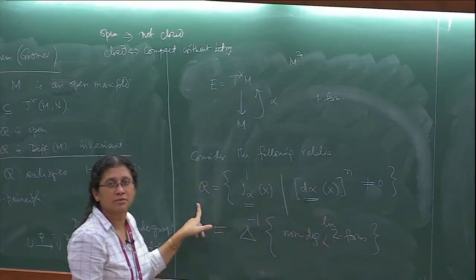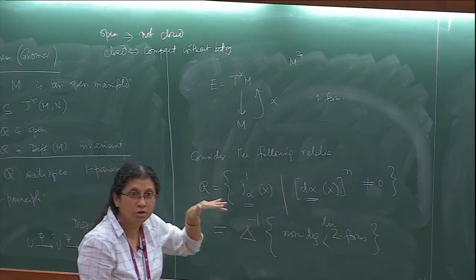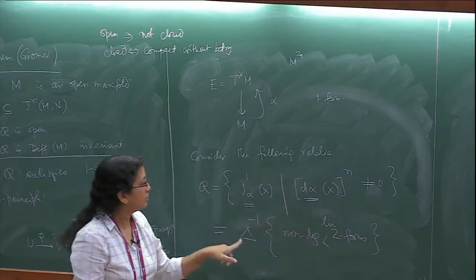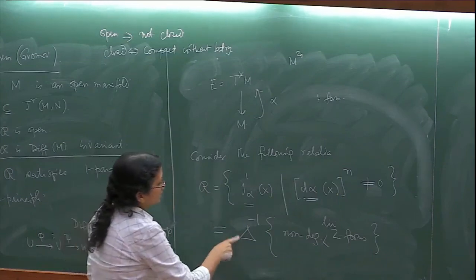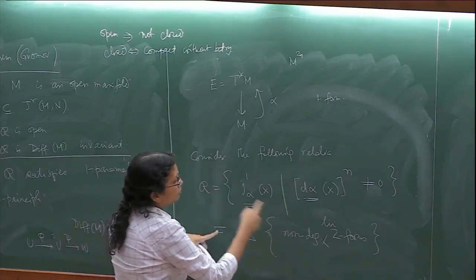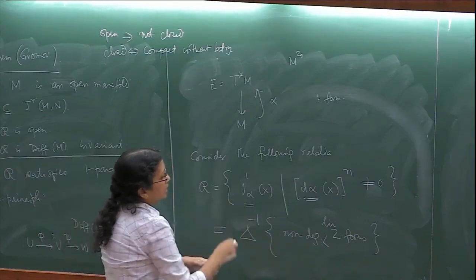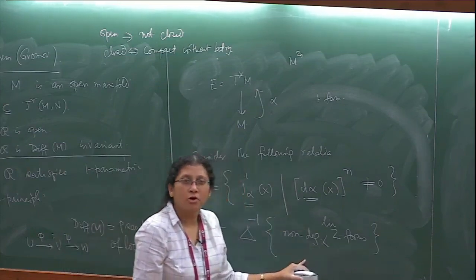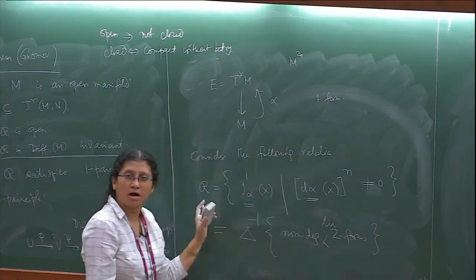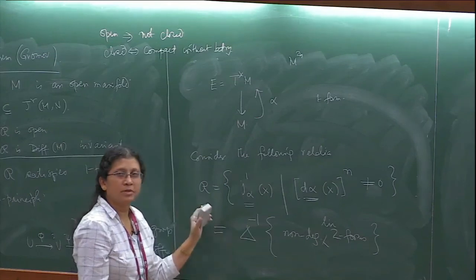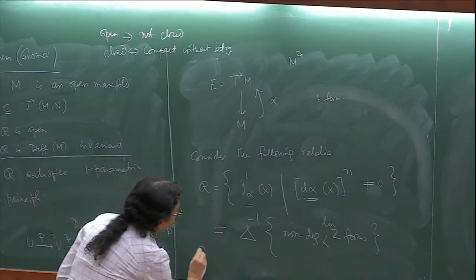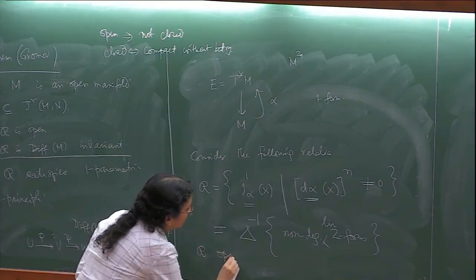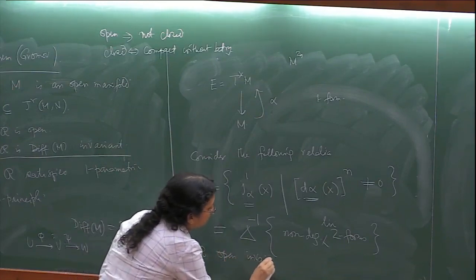This is an affine subspace because I have ignored the alpha 1, alpha 2, alpha n. So now this will be becoming the affine subspace here. As I said, this is a surjective map whose fiber is contractible. Non-degenerate two forms, they form an open subset. So R will be open. This will be invariant. So I can say that this R is open invariant.